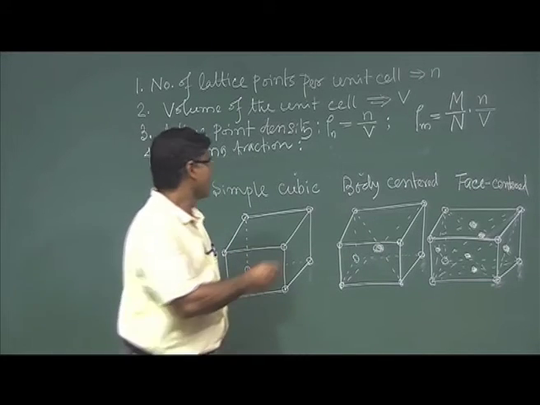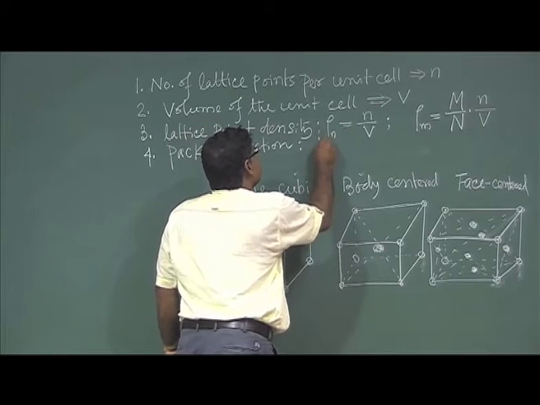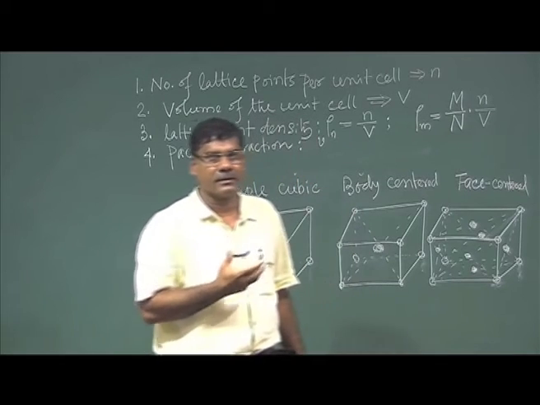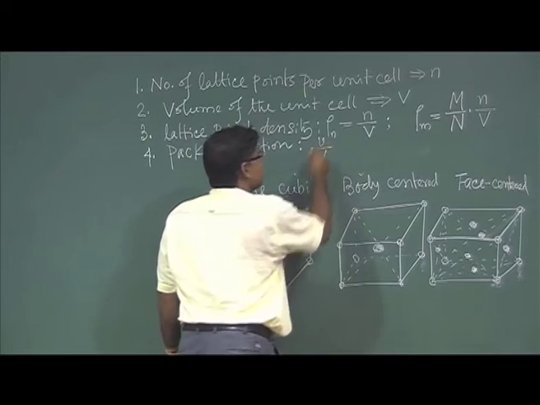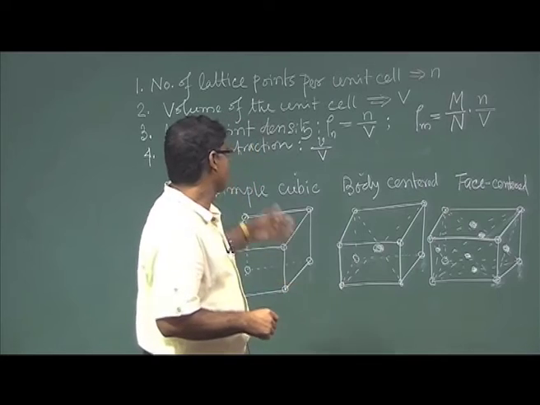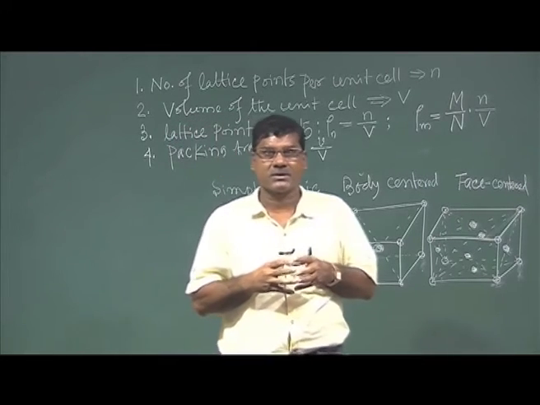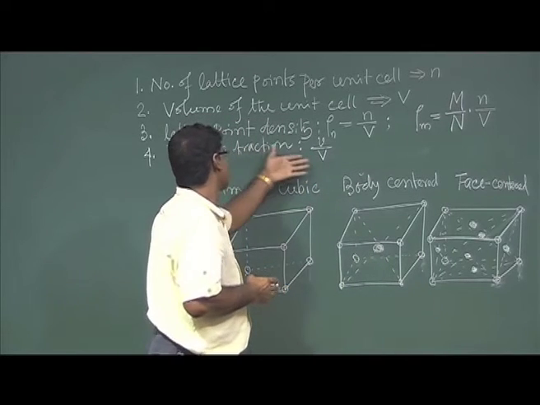The volume of the atoms in a unit cell divided by the volume of the unit cell. This ratio is basically called the packing fraction. It tells how much the crystal is packed with atoms.